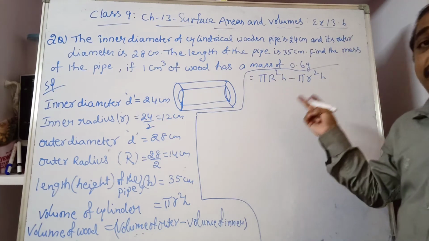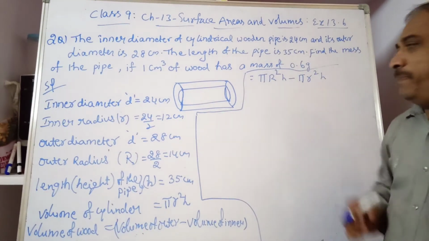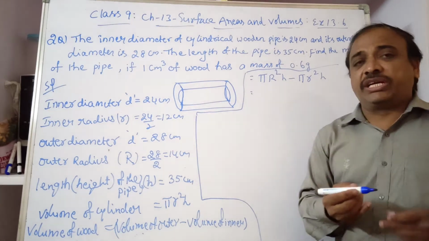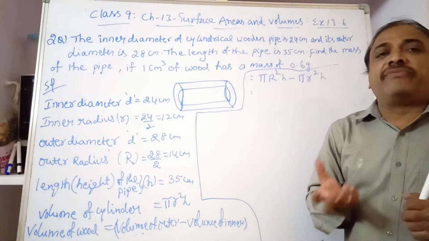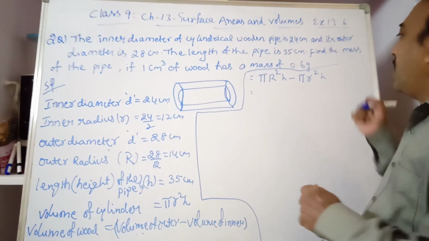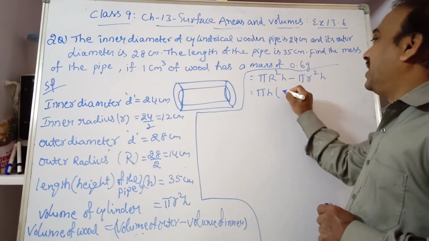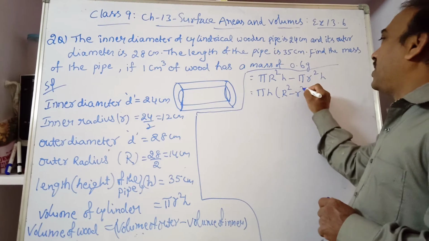This is the volume of the wood. For easy calculation, we take out the common values. Pi and h are the same for both, leaving R square minus r square.